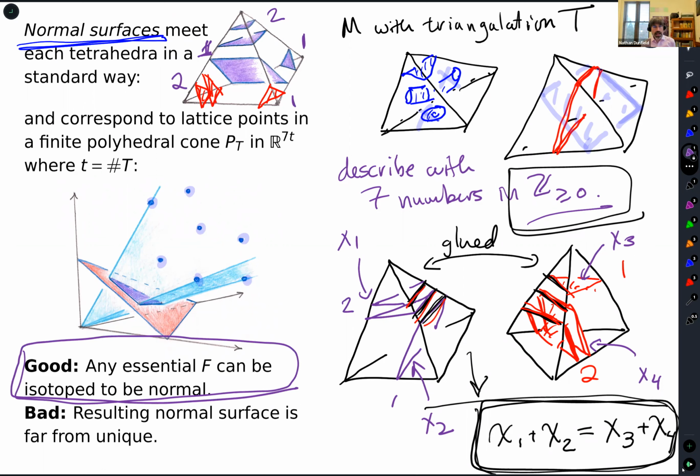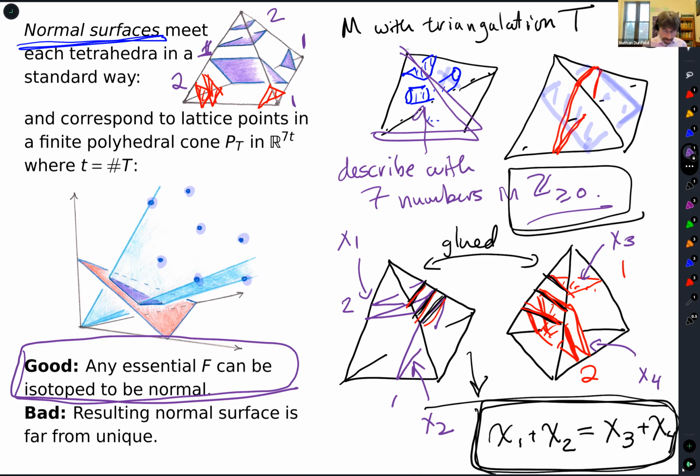a foundational technique in 3-manifolds: any essential surface can be isotoped to be normal. Going back to this picture, the little torus I drew here is not part of an essential surface, so an essential surface wouldn't have pieces like this to start with. If we had something like this, we'd have to do some move to simplify the picture, which you could do if it's essential.